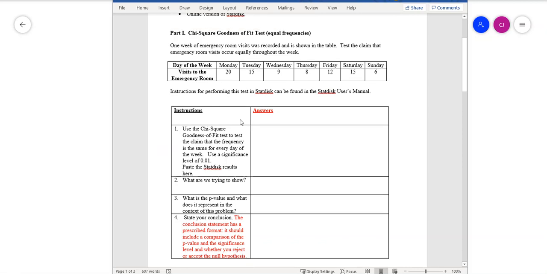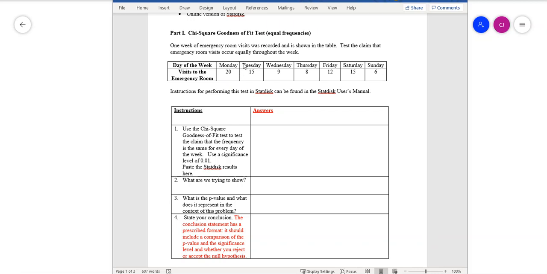And to do this, we start out when it says equal frequencies. That means that we're just going to assume that the number of emergency room visits are going to be the same every day of the week.